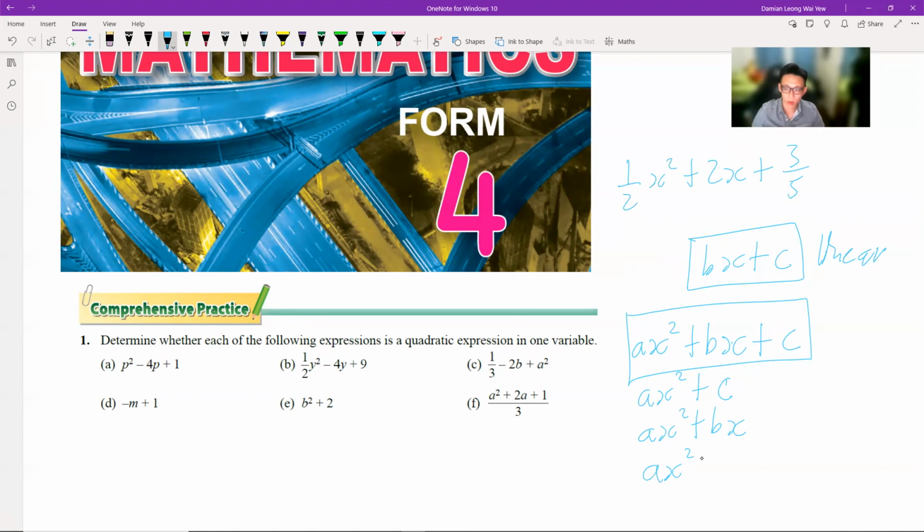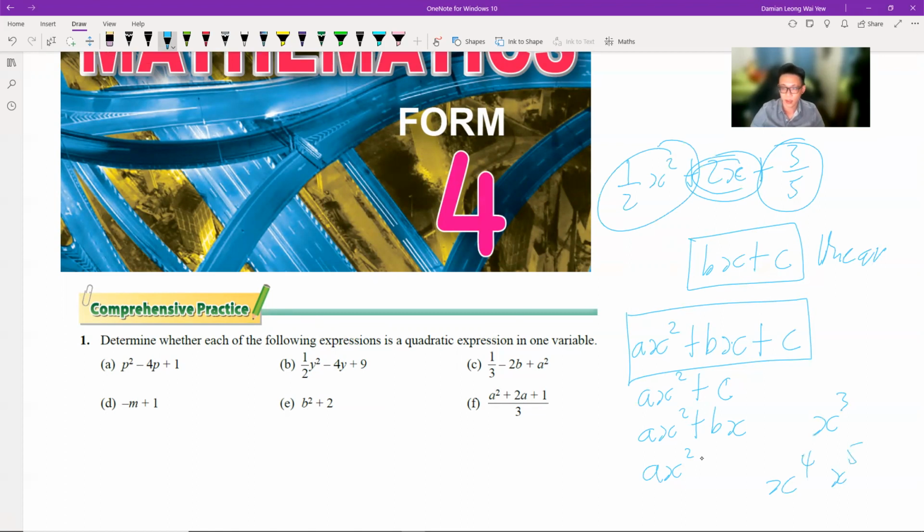What will not be a quadratic expression is if I don't have the square term, or I have a term that is out of this tree, meaning I have something with a cube, or any power higher than 2, power 4, power 5, or anything.